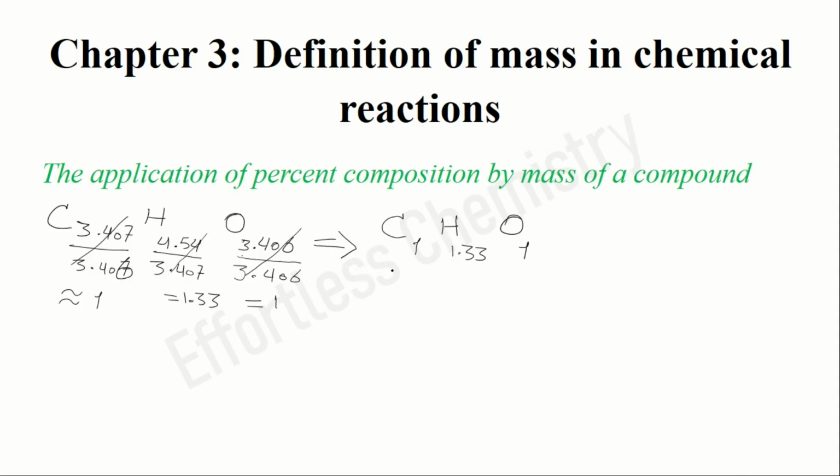Next we need to convert 1.33, the subscript for hydrogen, into an integer. This can be done by a trial and error procedure. How can we do that? If we multiply 1.33 by 1, we get the same.